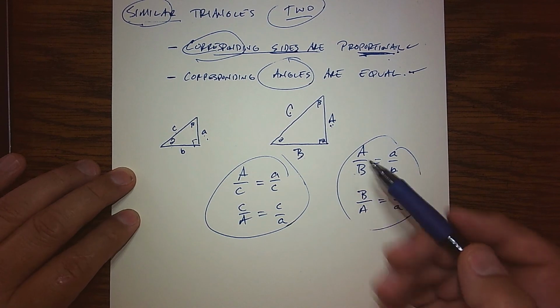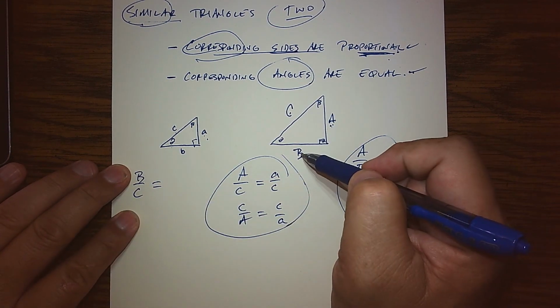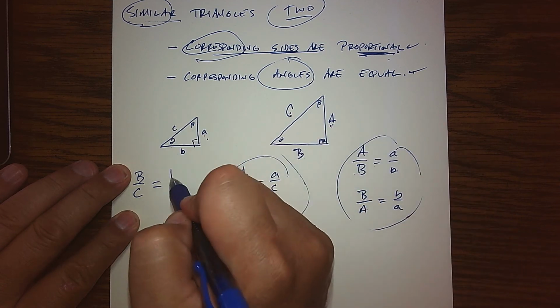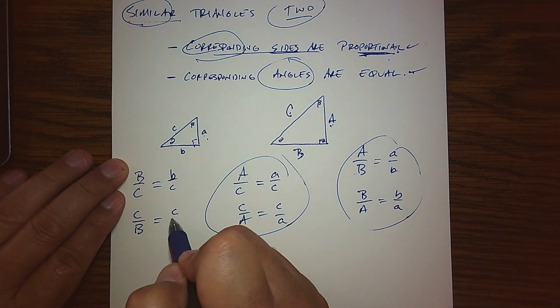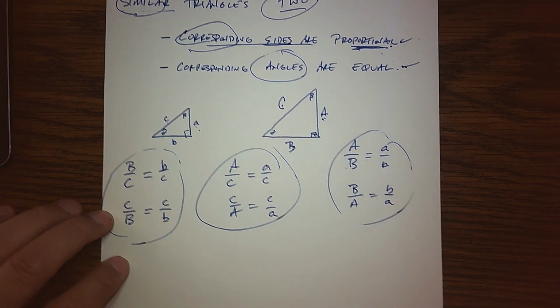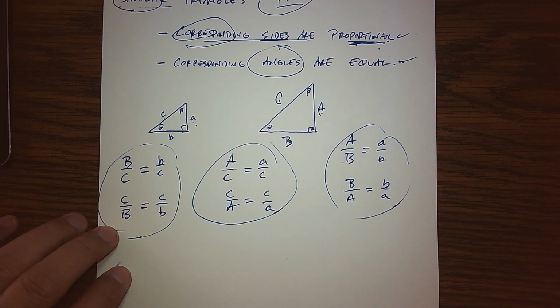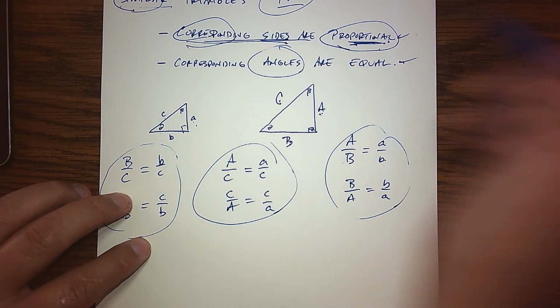And so another batch would be to say something like capital B is to C, so capital B to C, well, corresponding side, that would be lowercase b to c. And of course, we could also reverse that, or what we famously call the reciprocal, right? And I think if we thought about it, that's about it. All right, so there's actually six different proportionalities that we can create from the corresponding sides.